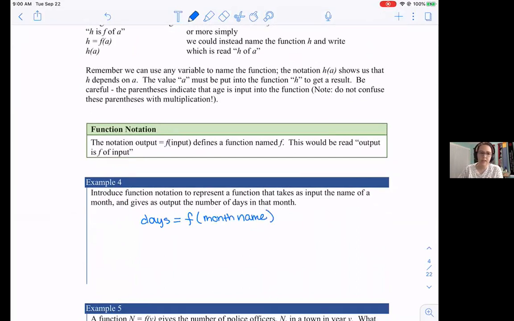So in the chat, give me an example for this with numbers and a month name. I'll start with 31 is a function of January, in a non-leap year.